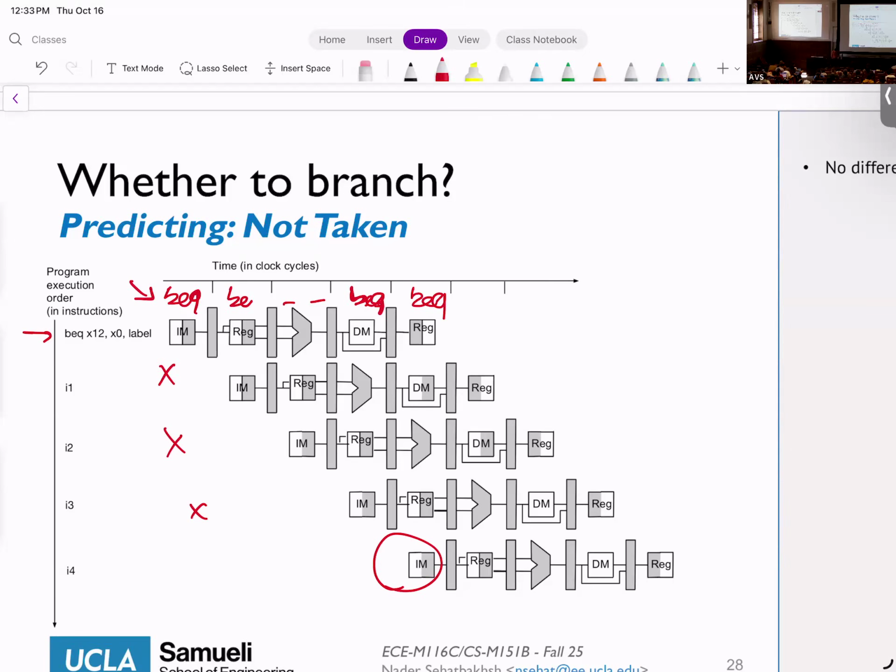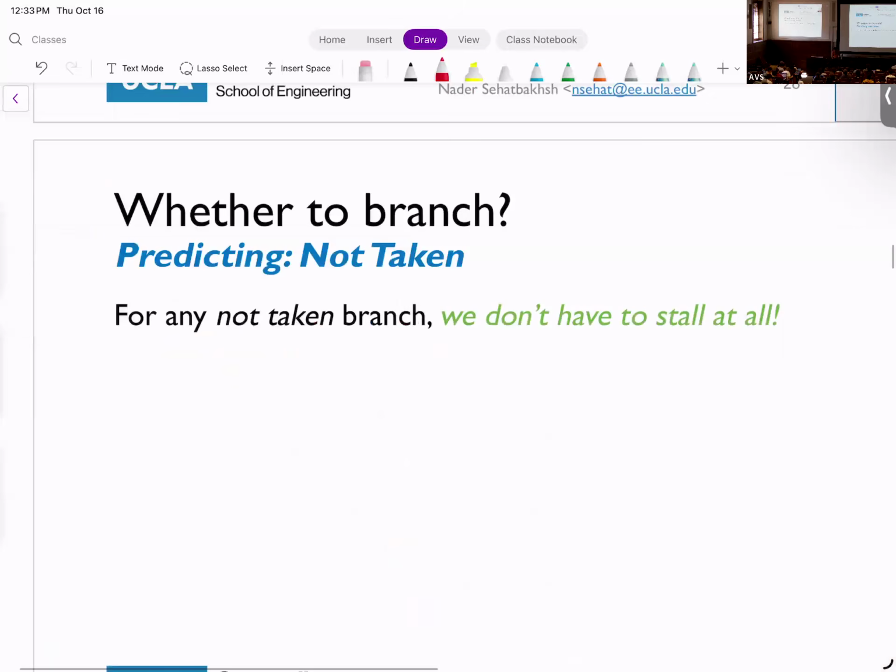So whenever I see a branch, I say, okay, there's a branch here, this branch is going to be not taken. This is my speculation. So I can fetch I1 here. The branch goes to the second cycle, I1 comes here, I2 goes here, and so on. So if you predict not taken, and this branch is in fact not taken, you're not going to lose any performance. You don't need to stall your processor at all, which is nice in terms of performance.